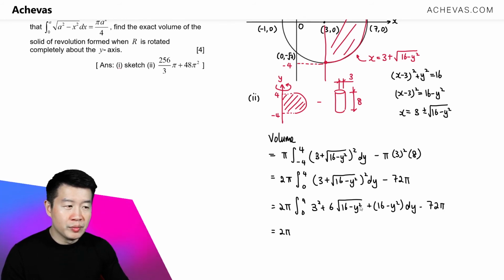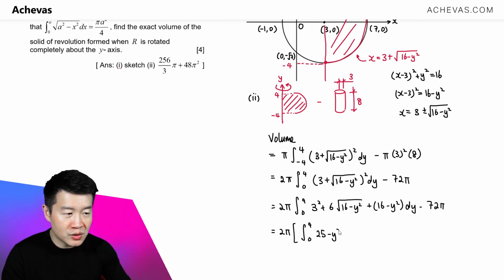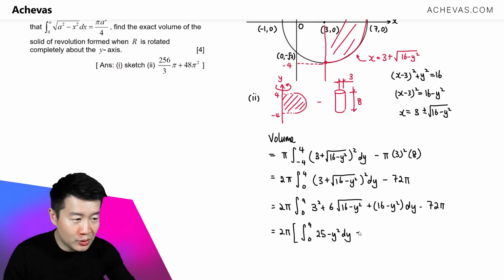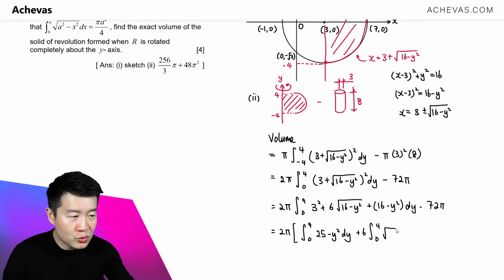I am going to group this, where this and this I'm going to group together to form an integral. So from 0 to 4, it will be 9 plus 16, this is 25 minus y squared dy. And this I'm going to treat as another integral, so plus 6, integrating from 0 to 4, the square root of 16, which I'm going to write as 4 squared minus y squared dy.